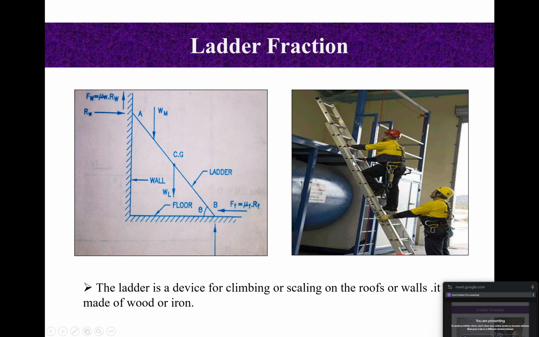So always remember that a ladder is always inclined at an angle. The person cannot just put it straight. It must be inclined because there are reaction forces that come from the ground surface and also from the wall surface.